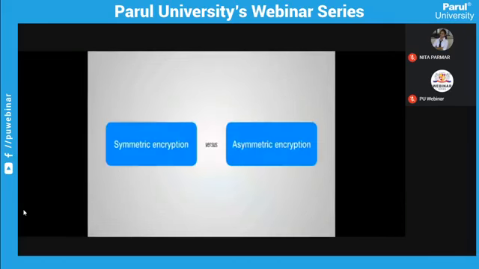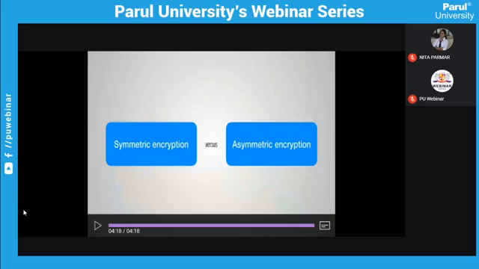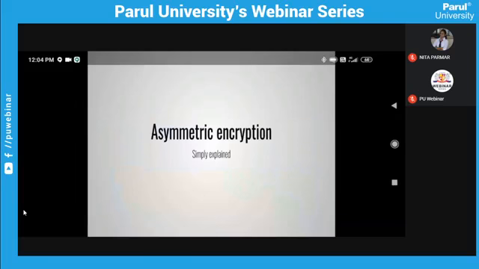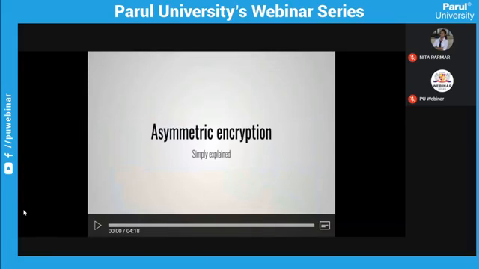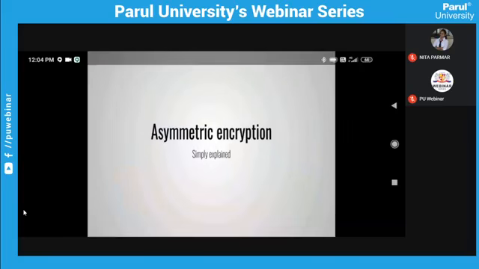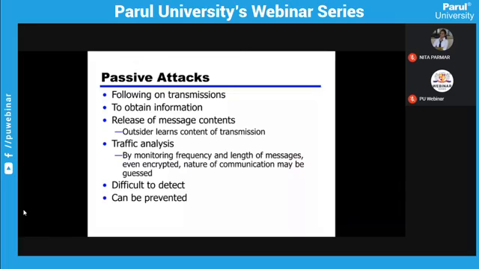So in symmetric encryption and asymmetric encryption, the difference between both is known to you now. So let's see another example. How will a hacker try to get the message?